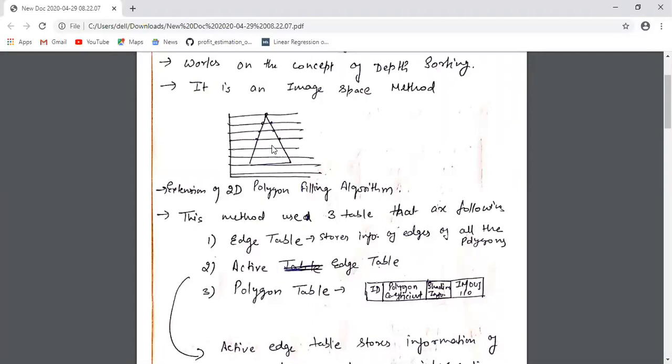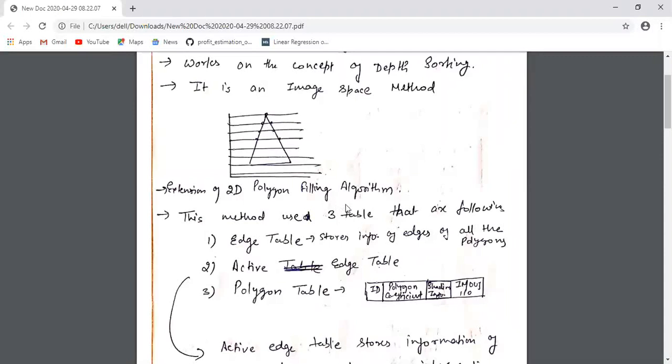So this algorithm makes use of this concept: finding the intersection points of the edges of the polygon with the scan line, and performing the visible surface detection. It uses the concept of the 2D polygon filling algorithm, that is the scanline filling algorithm, and that's why we say this is an extension of it.